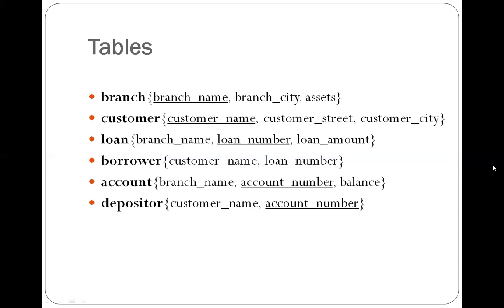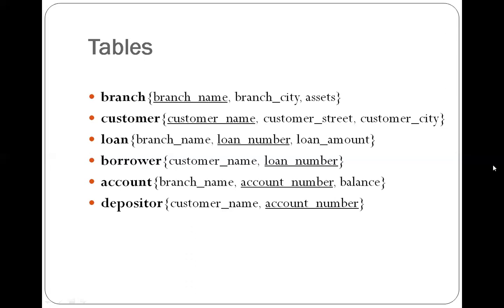For the customer table, there are also 3 attributes: customer name, customer street, customer city, and customer name is the primary key. For the loan table, there are 3 attributes: branch name, loan number, loan amount, and loan number is the primary key. For borrower, customer name and loan number are the attributes, and loan number is the primary key.